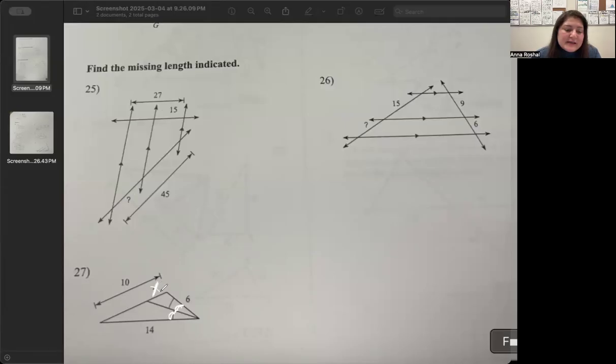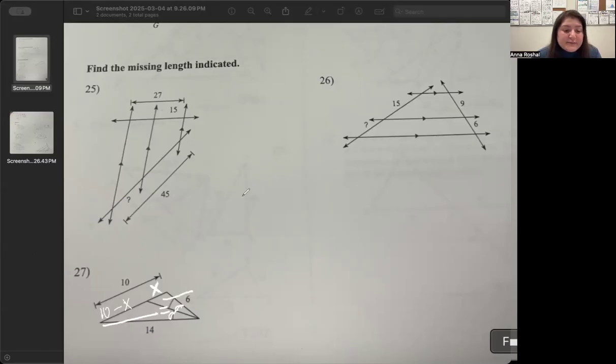So if this side is x, this portion right here would have to be 10 minus x. So this is exactly where my fraction comes into play. I have 10 minus x over 14 equals x over 6.